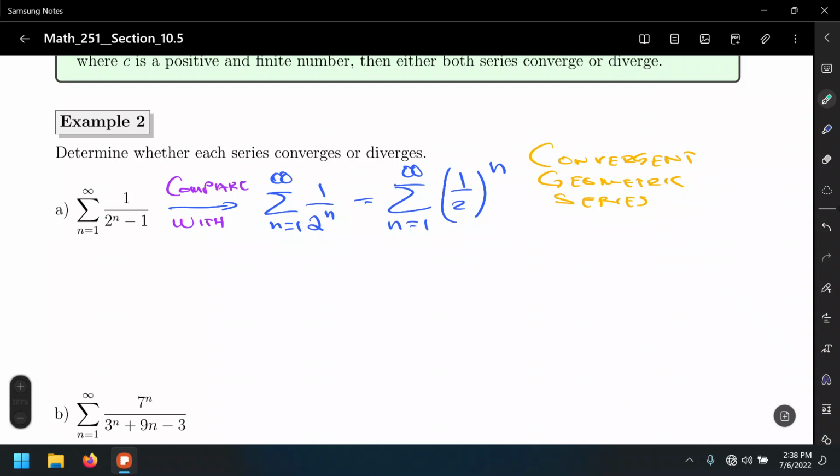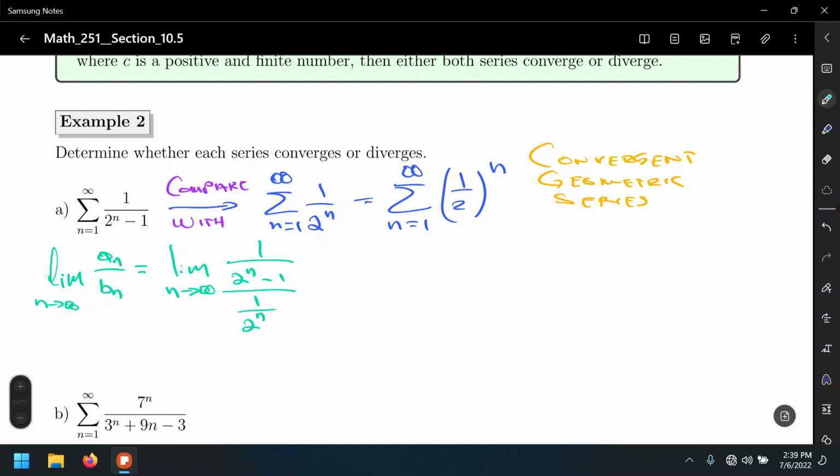For the limit comparison, we need to set the limit of a sub n over b sub n as n approaches infinity. And our a sub n, again, is the expression in our original problem. In this case, 1 over 2 to the n minus 1 divided by 1 over 2 to the n as n approaches infinity.